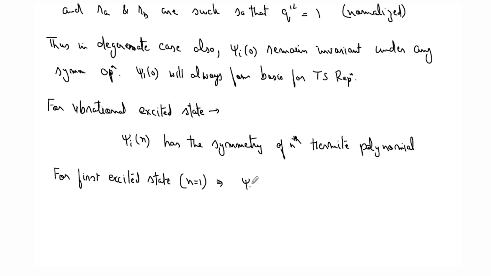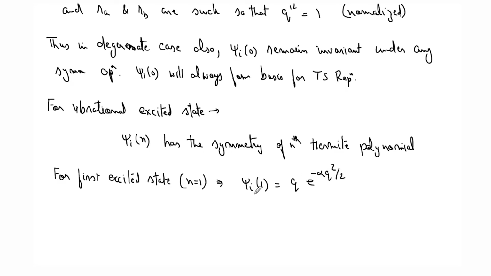So psi I1 can now be written as Q e to the power minus alpha Q square divided by 2, right? So this Q is coming from the Hermite polynomial after solving for n equal to 1. Now Q square is totally symmetric, so this does not contribute to symmetry. The symmetry contribution comes from Q. So whatever is the symmetry of the normal coordinate, that will be the symmetry of the first excited state, right? The symmetry of the normal coordinate comes from the symmetry of the corresponding normal mode.